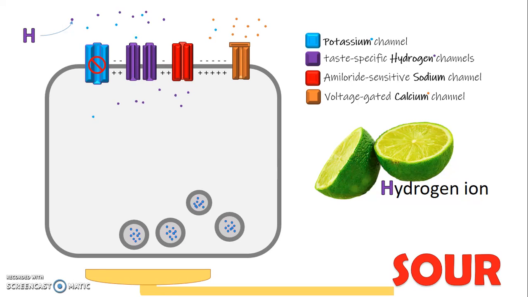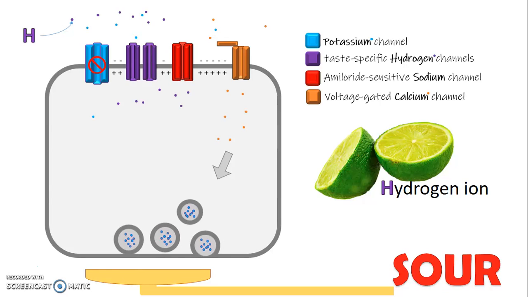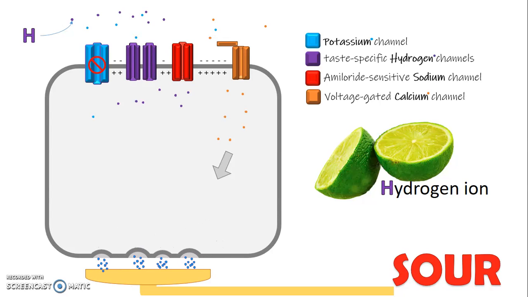That causes depolarization of the cell membrane, which activates the voltage-gated calcium channel that allows the calcium to go through it. That triggers migration of the synaptic vesicles, which activates the neuron, and later on our brain interprets it as sour.